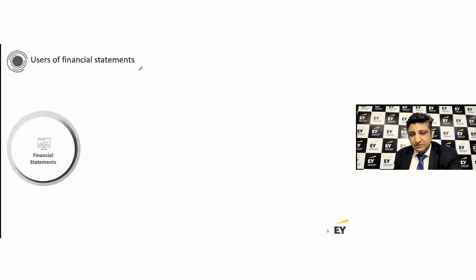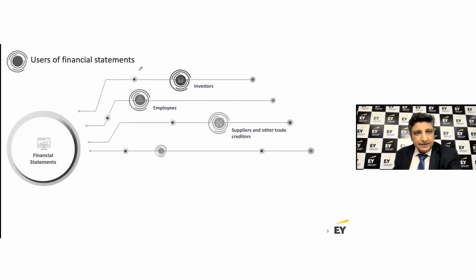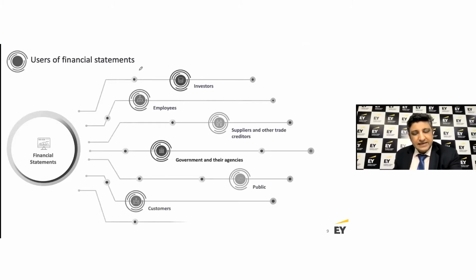It could be a customer, it could be government, it could be providers of finance like a banking institution, or somebody who has, let's say, invested in companies' debentures, for example. It could be government, it could be employees, it could be shareholders, right? So there are multiple users of financial statements, and each such user has its own expectation, right?